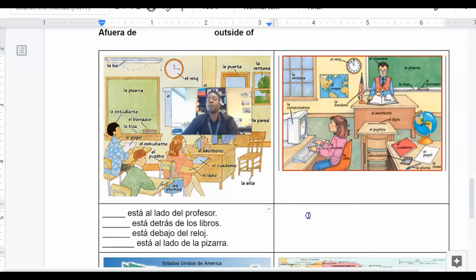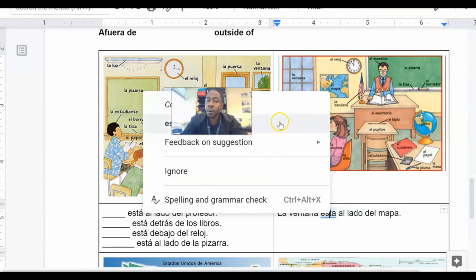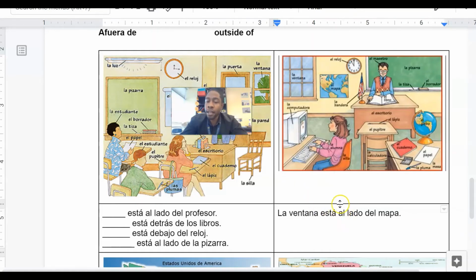So talking about la ventana, if I were writing a sentence about it, I would start by saying la ventana está al lado del mapa, next to the map. I started with the window. I chose my word is. I chose my adjective next to, and I compared it to the map.